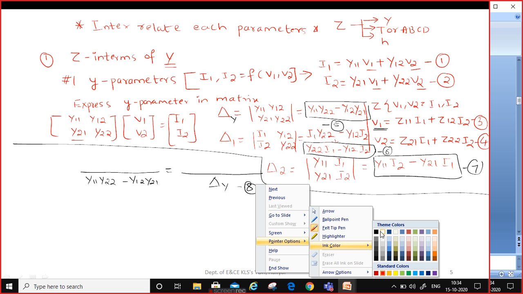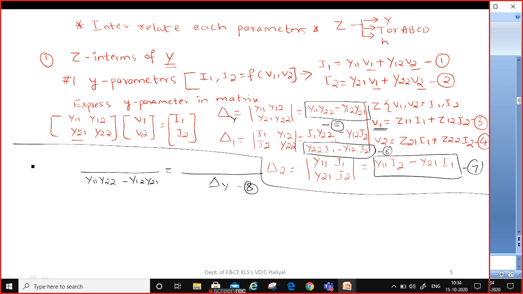Okay. So now coming back to the second point, we have to find delta 2. Sorry, not delta 2, V2. V2 can be found by delta 2 by delta. So delta is already there.